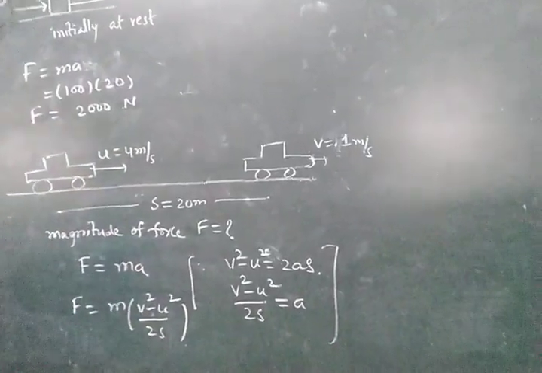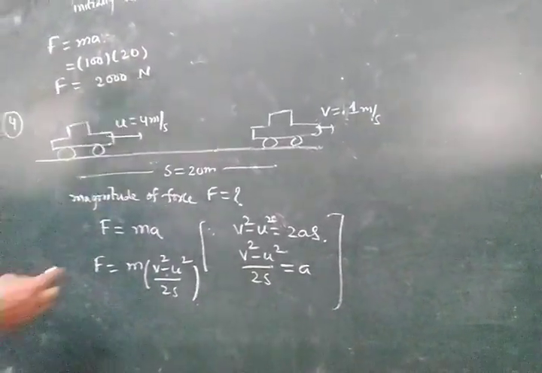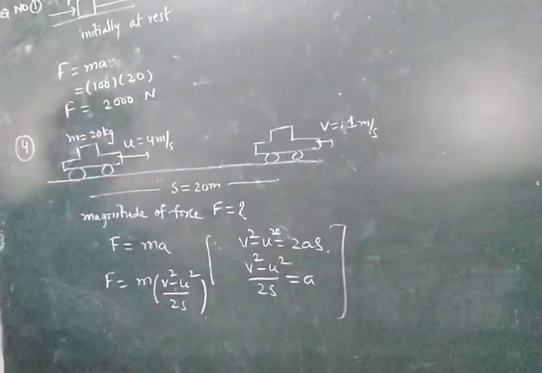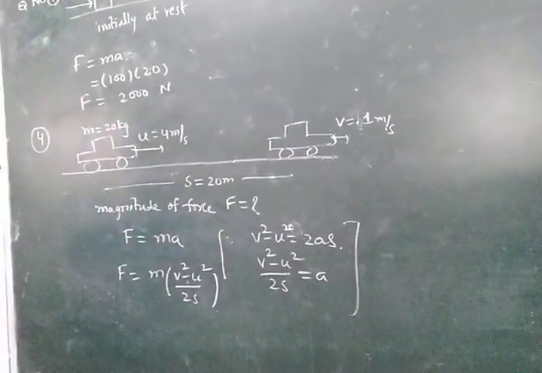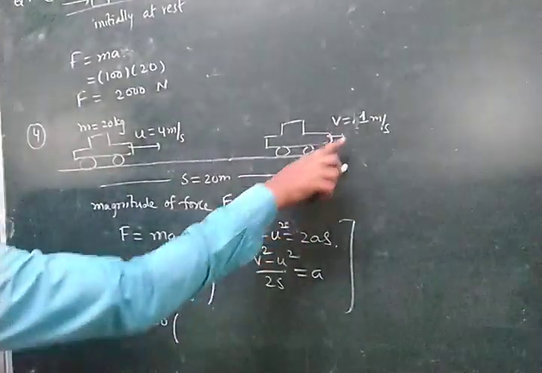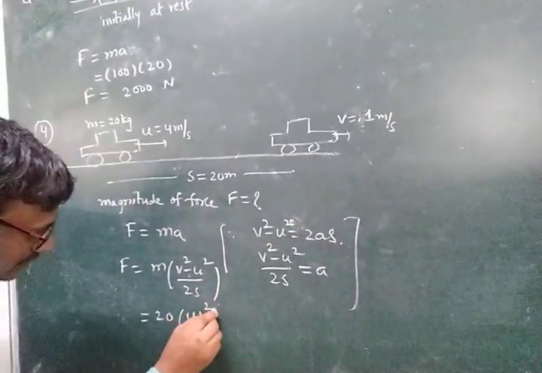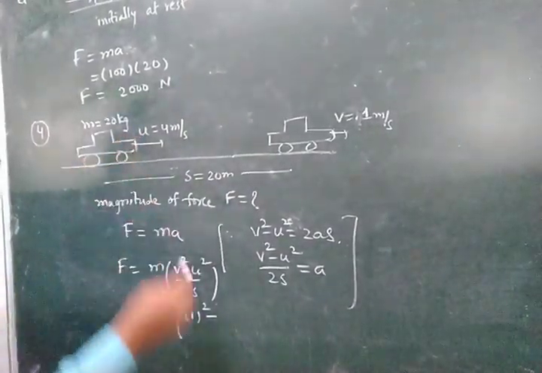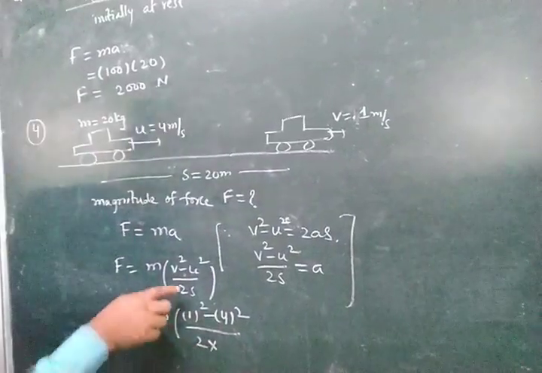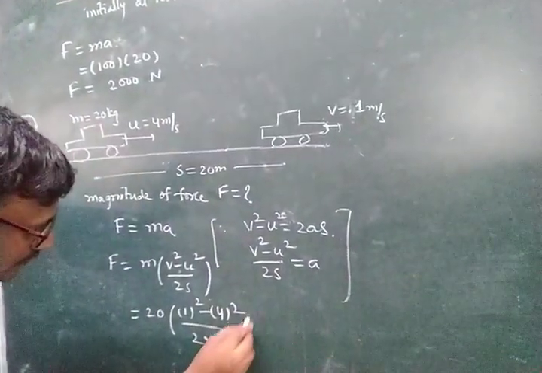Now here the mass is given as 20 kgs. Now substitute here: 20 into v square. The final velocity is 1 whole square minus u square, u square is nothing but 4 whole square, by 2 into the distance, which is 20.